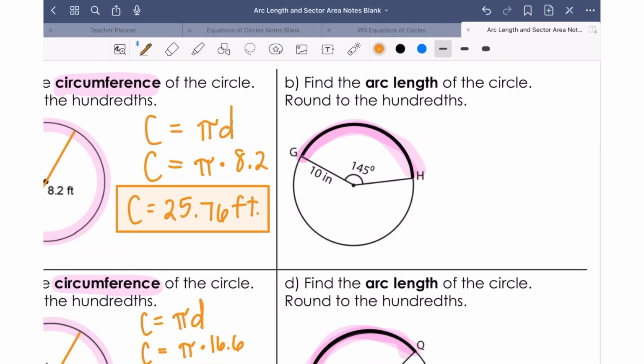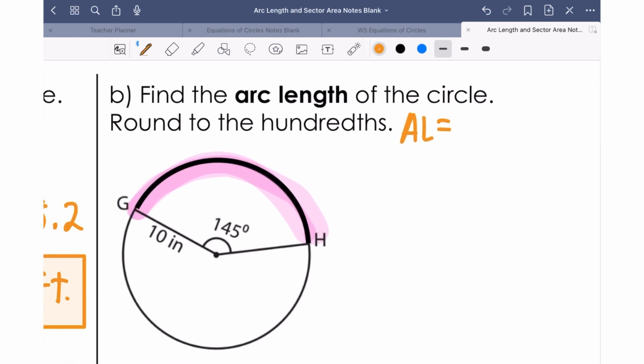So arc length, my formula was arc length is equal to the portion of your circle out of 360 degrees times your circumference, which is 2 pi r. Now, let's look at our picture. Who does the 10 represent in the formula? Does it represent the degrees or the radius? It represents the radius. The 145 would be the degrees of that portion. So I'm going to calculate this many degrees with a 10-inch radius. Then you just plug it in.